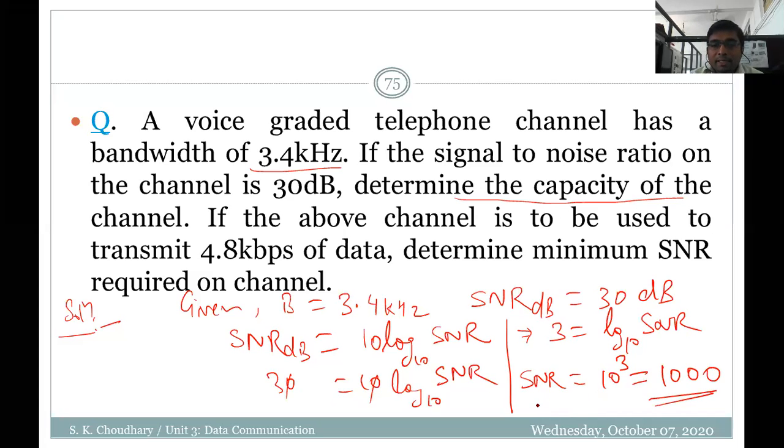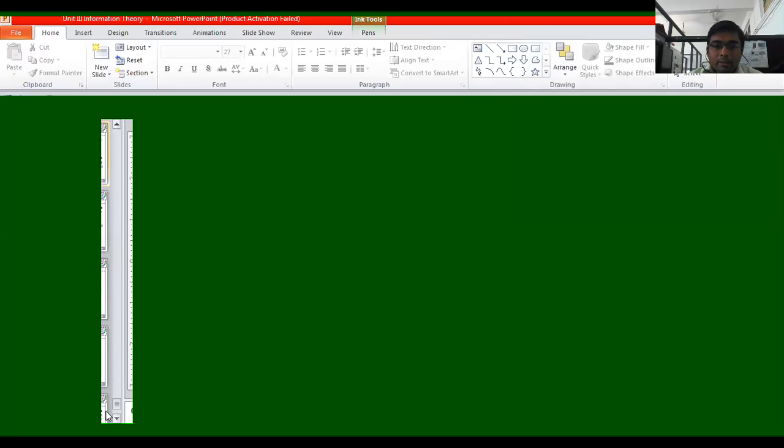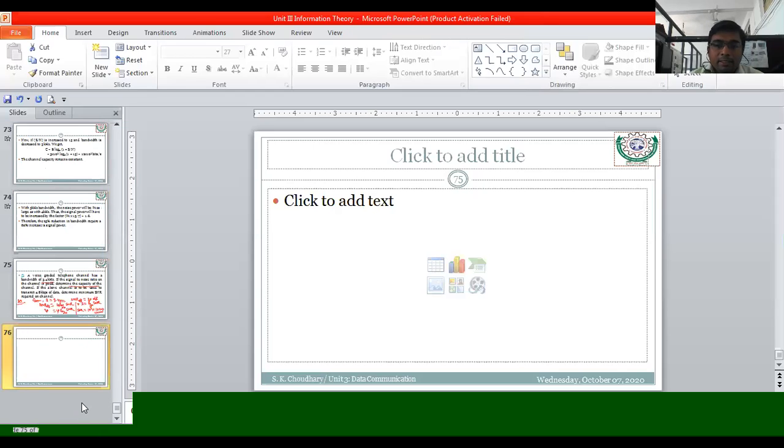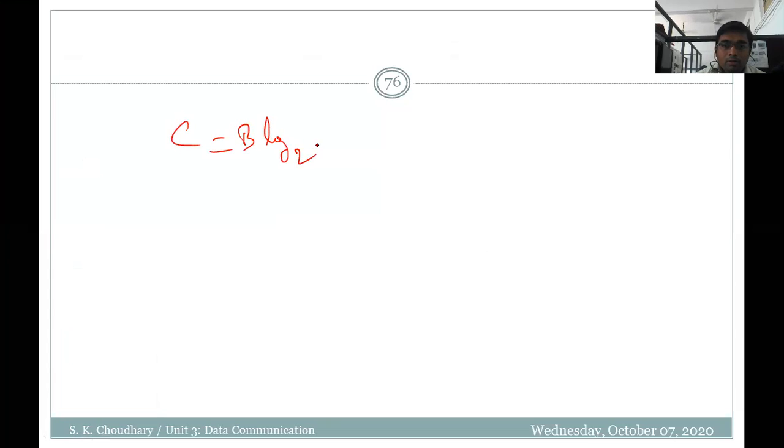So what is the formula of channel capacity? C is B log base 2 of 1 plus SNR.